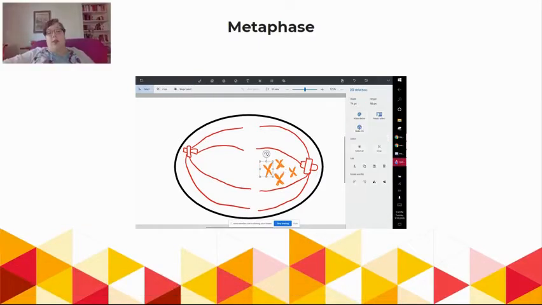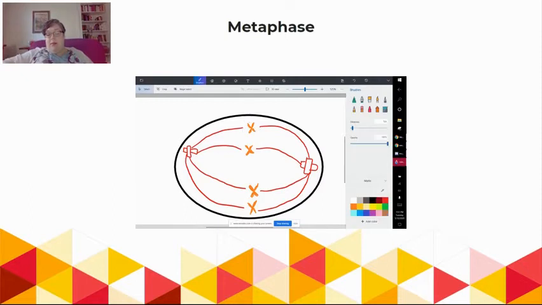So let's progress right on to metaphase. And in metaphase, some major changes that happen are that the chromosomes line up. And they line up down this line that we call the metaphase plate. It's enough to know that they form a straight line.